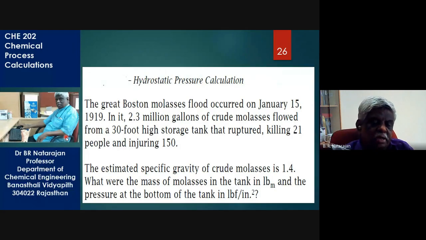The Boston Tea Party is something different. In the same Boston, where MIT, our Mecca for chemical engineers, is also located, in Massachusetts, there was the great Boston molasses. What is molasses?